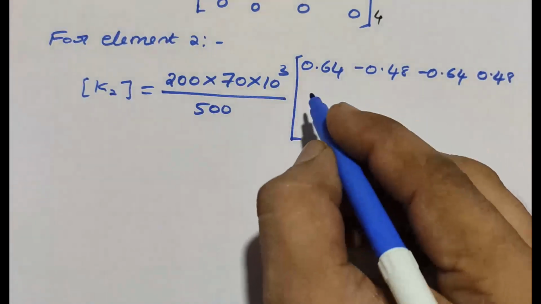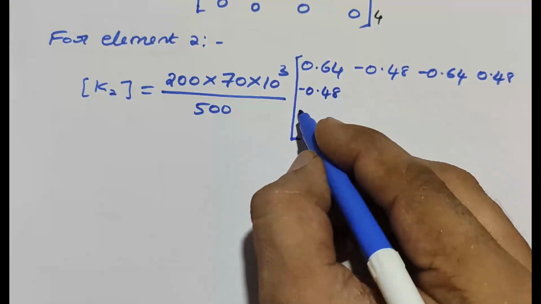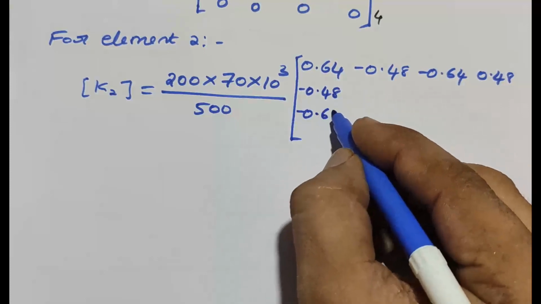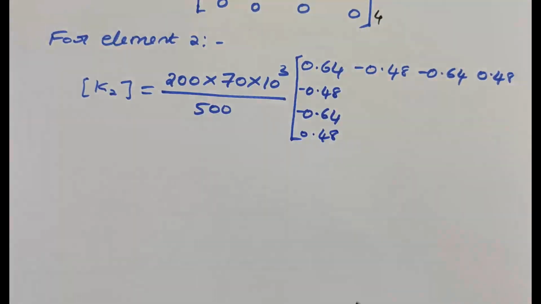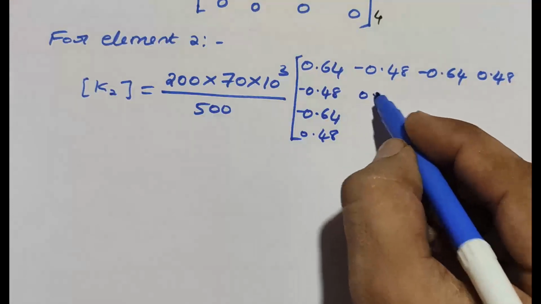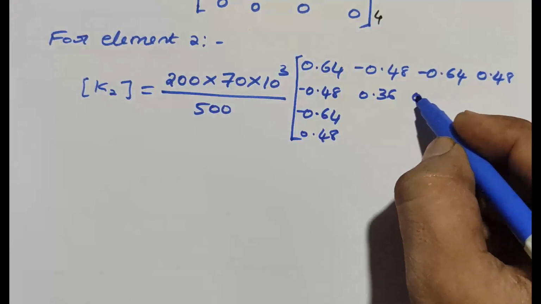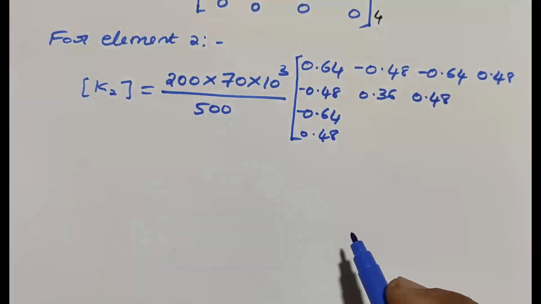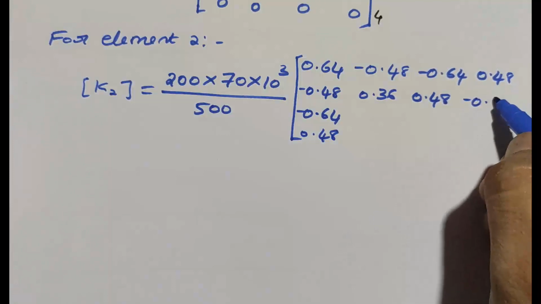Due to symmetry, I can write here minus 0.48, minus 0.64, 0.48. Next, here we need m square, it is 0.36, minus Lm, it is 0.48, minus m square, it is minus 0.36.